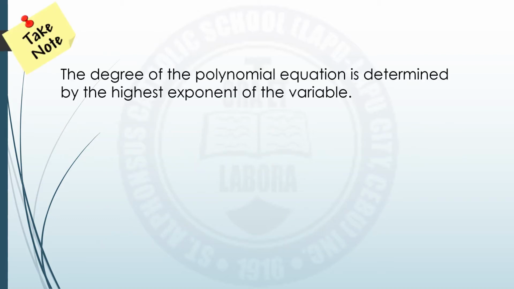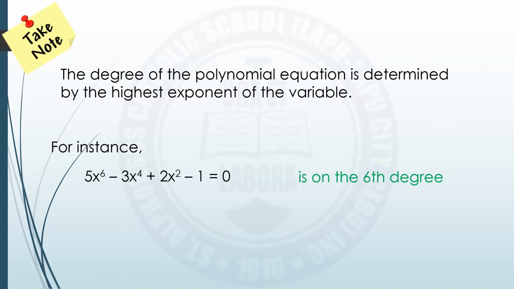Please take note, class, that the degree of the polynomial equation is determined by the highest exponent of the variable. For instance, the polynomial equation 5x raised to 6 minus 3x raised to 4 plus 2x squared minus 1 is equal to 0 is of the 6th degree, or the degree is 6, because the highest exponent of the variable is 6.